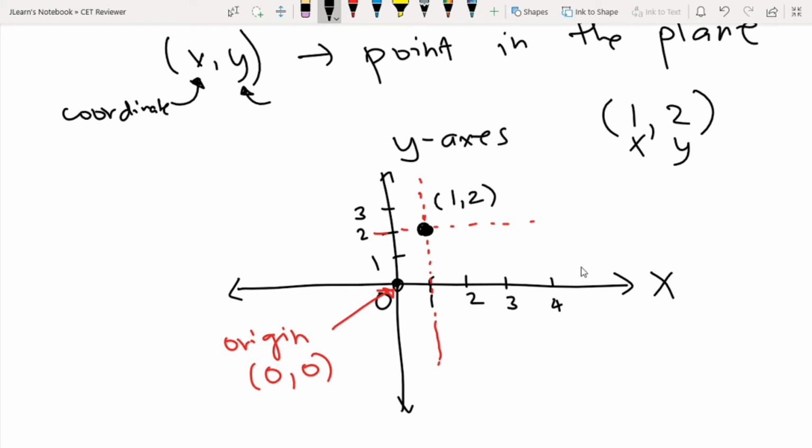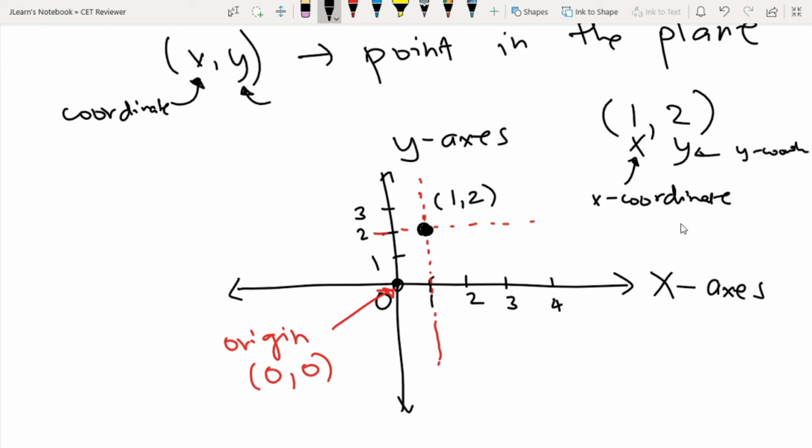And yung line na to, we call that the x-axis. Again, this is the x-coordinate, and this is the y-coordinate.